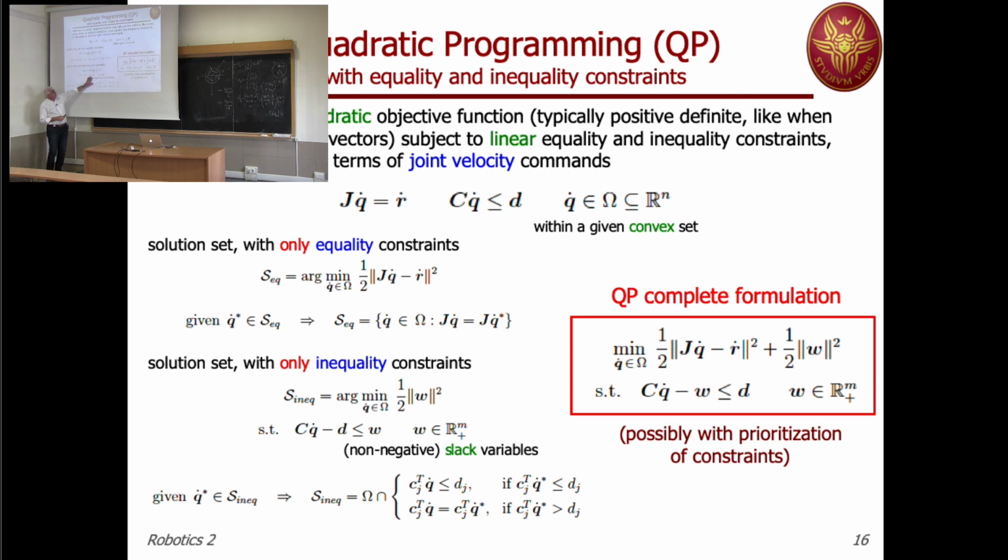Pay attention, we have flipped over the things because now W are non-negative numbers which are part of the solution. So Q dot and W are what you are looking for. And then we brought W on the left-hand side so that on the left-hand side we have a matrix multiplying the variable of the problem less or equal a data of the problem.